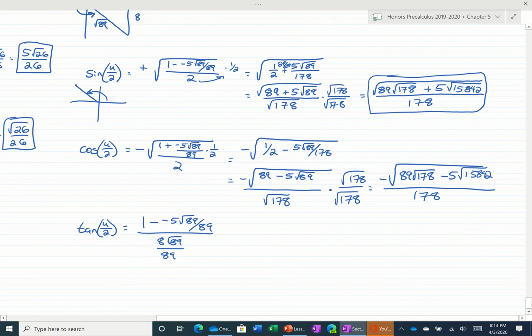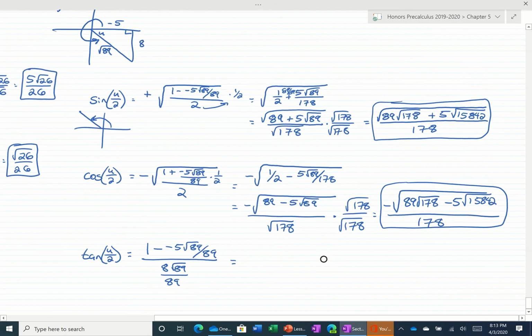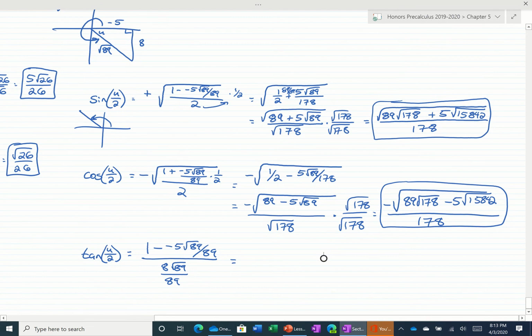Okay, and then one last one here. Let's see if we could simplify this. This would be 1 plus 5 root 89 over 89. We're going to be multiplying the reciprocal of 89 over 8 square root of 89. These cancel.